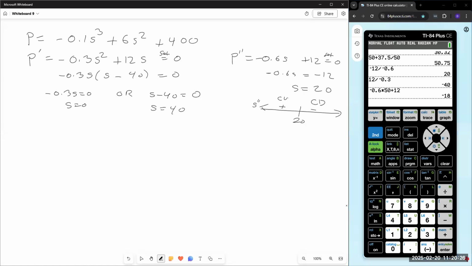All right, which means that anything to the right of 20 will represent a maximum. So there's a local max here, which is what I'm interested in. I'm not interested in the local min that is to the left of 20.